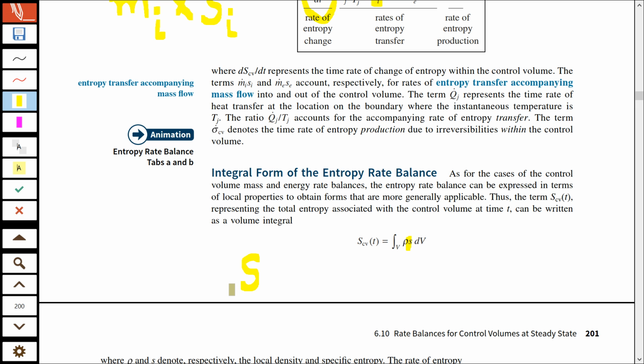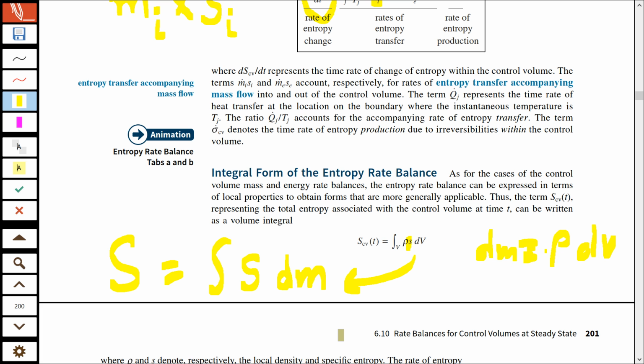So if you multiply that small s with mass, dm, and then you integrate this, then you should get the capital S, entropy. And we know dm is rho times dV, where rho is density and V is volume. So you just rewrite that.